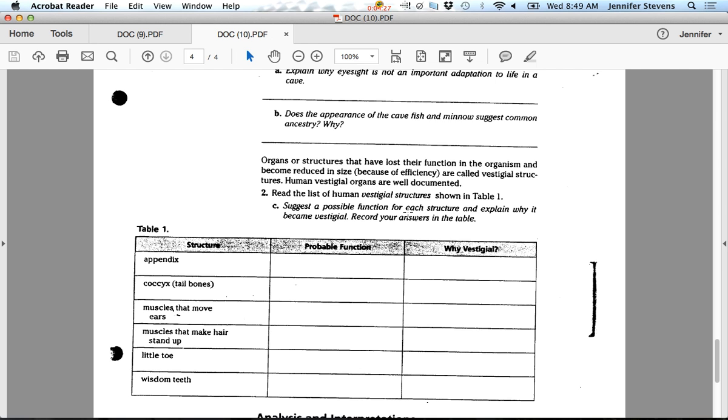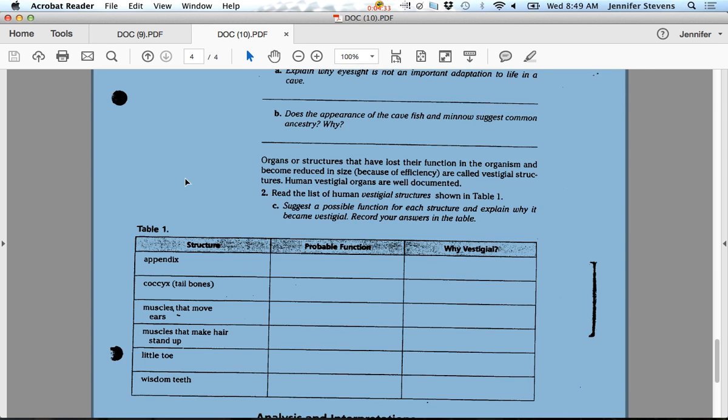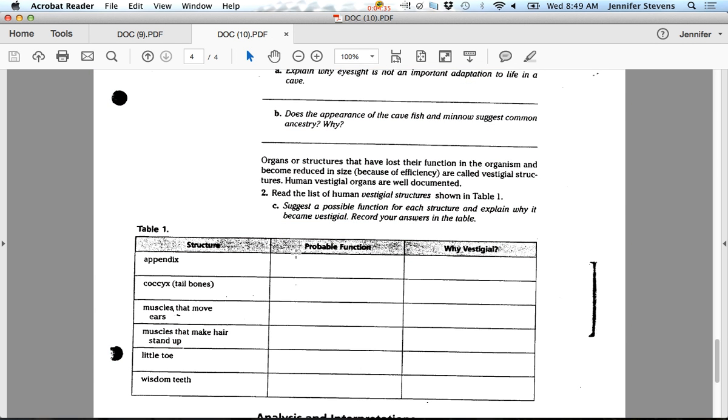Human vestigial organs are well documented. So these are human vestigial structures. They become reduced in size and they have lost their function. So try to come up with a probable function. You could probably do some research with this on your computer. And why vestigial? Why did they become not useful to us?